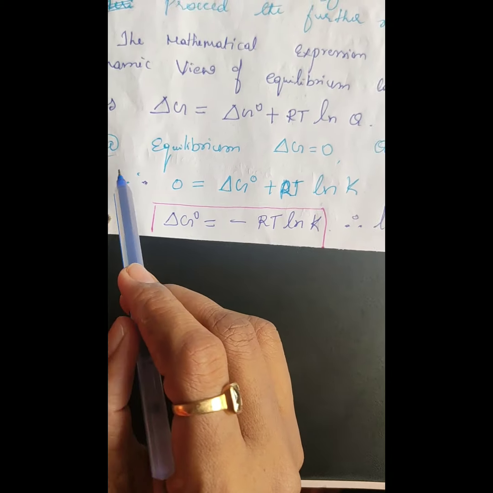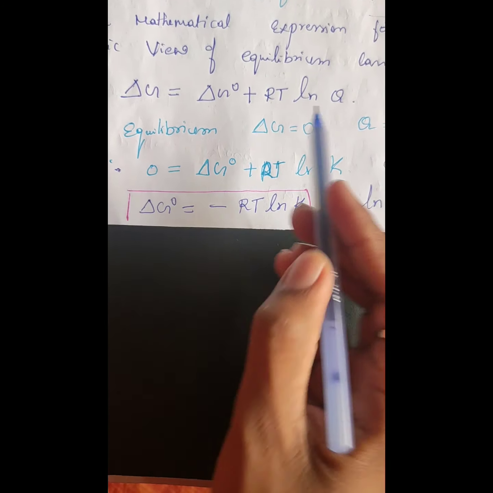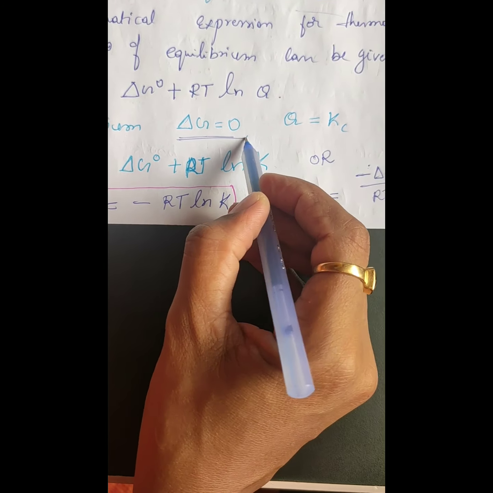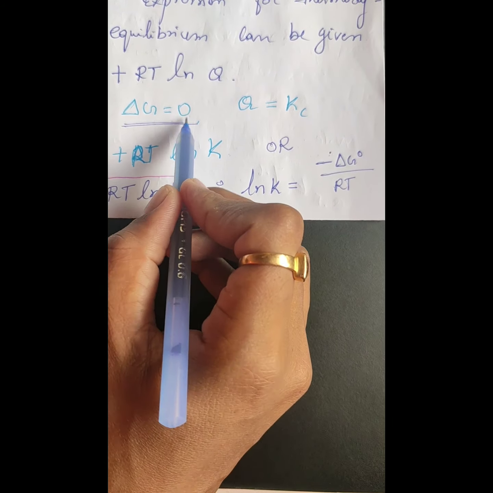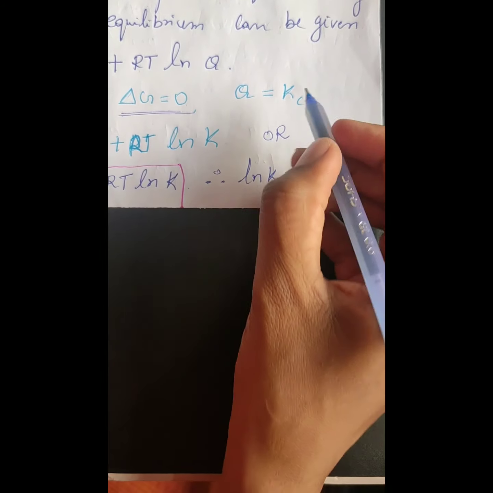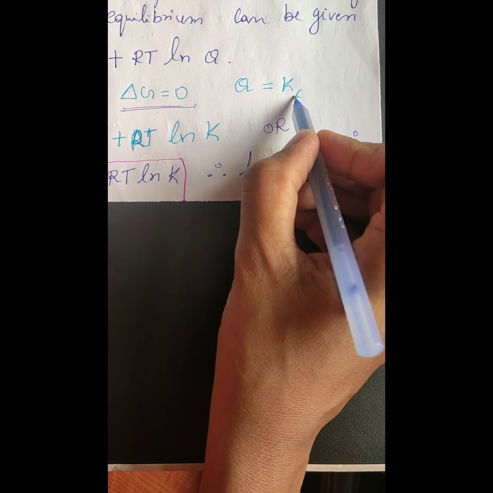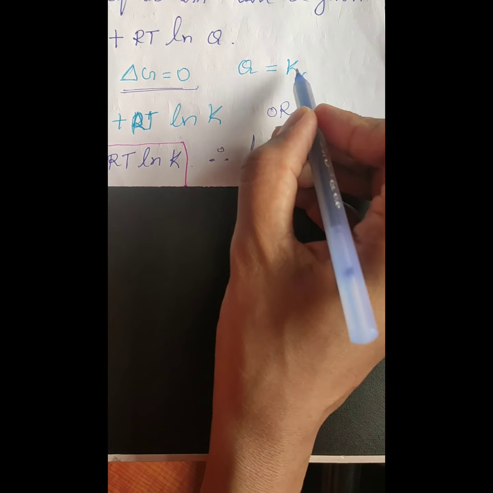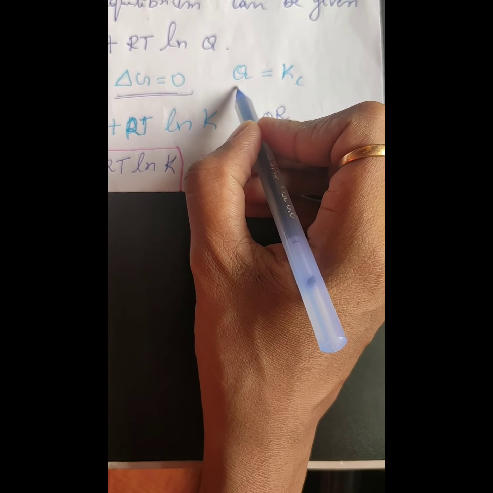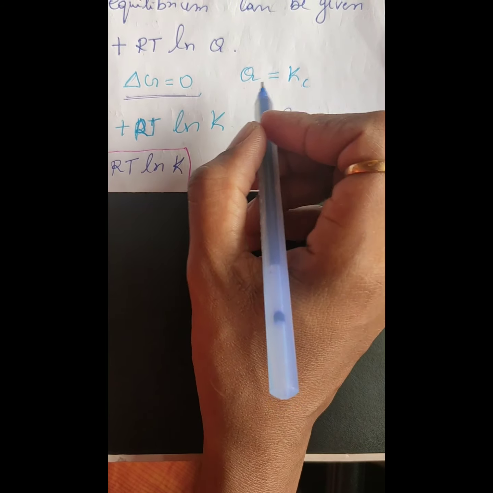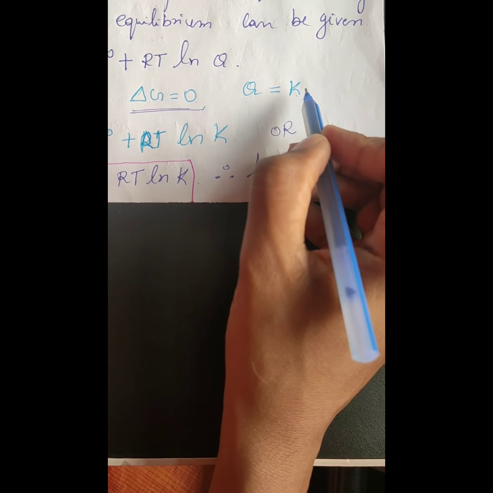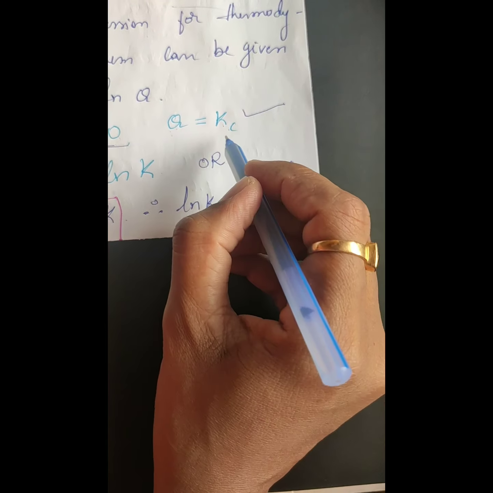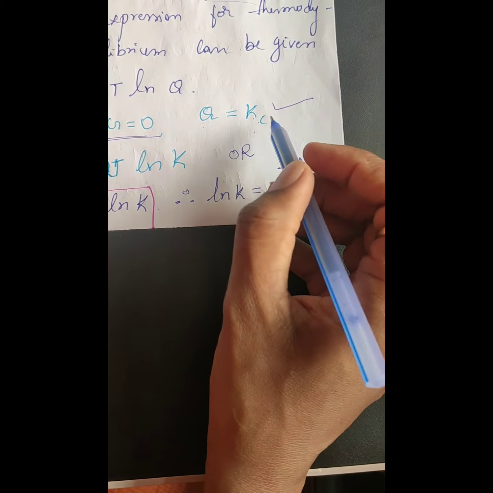Let us consider what the delta G value will be at the equilibrium state. As you studied in thermodynamics, at equilibrium delta G becomes equal to 0. If the reaction is at equilibrium, there is a relationship between the equilibrium constant K and the reaction quotient Q. What is that relation? Very simple. At equilibrium, Q of a particular reaction becomes equal to Kc, or in terms of pressure, Kp.